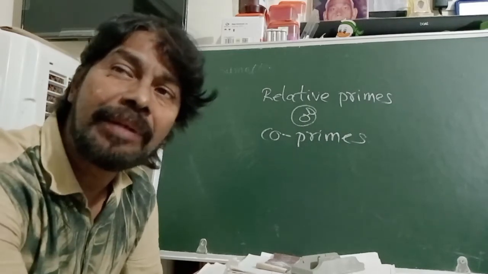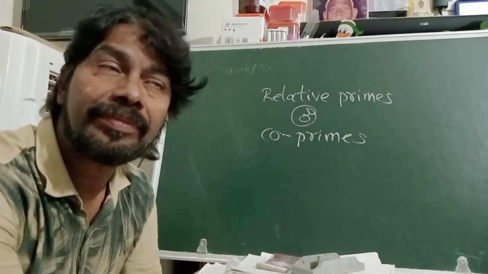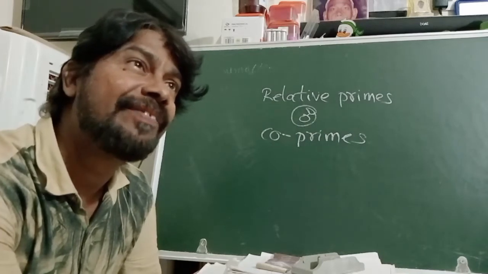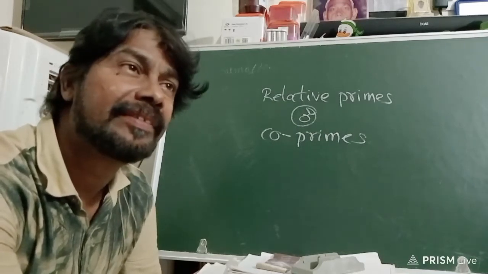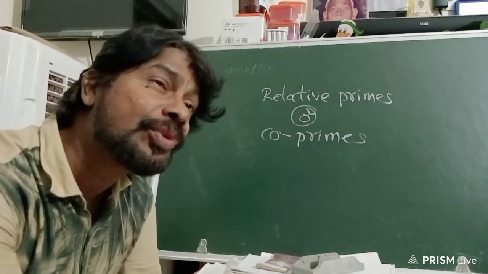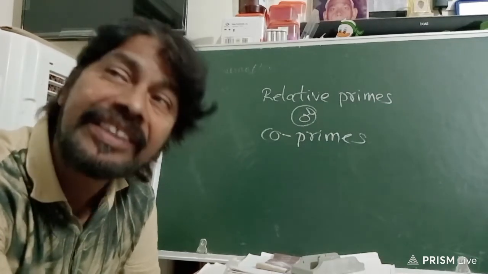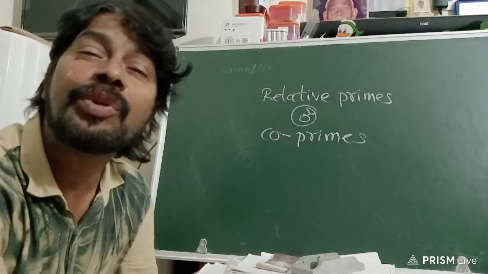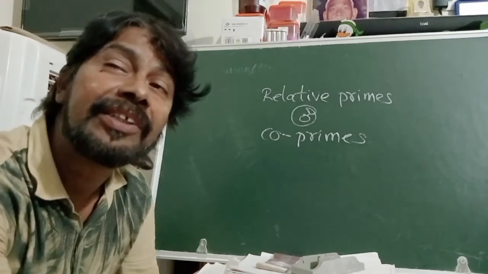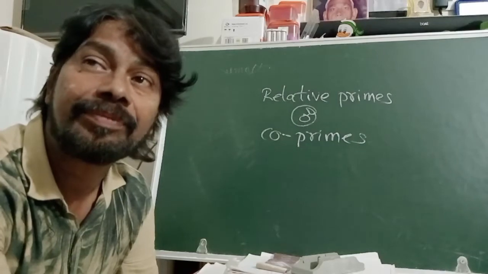If we take two numbers and find the factors for those numbers, and if those two numbers do not have a common factor, then we say those are relative primes to each other.